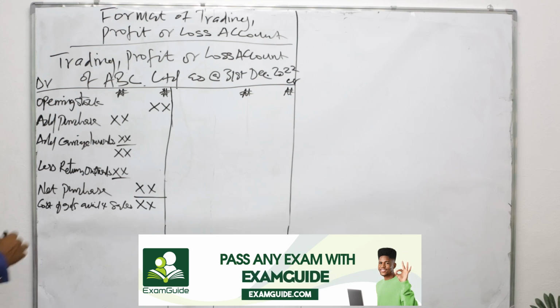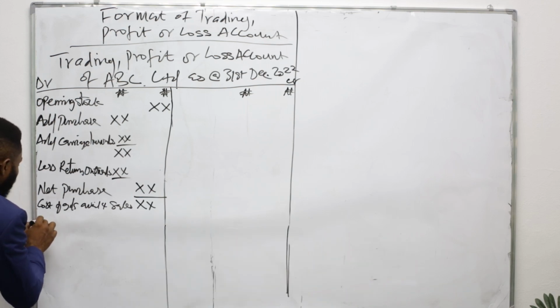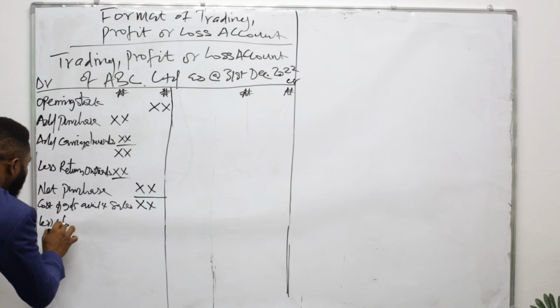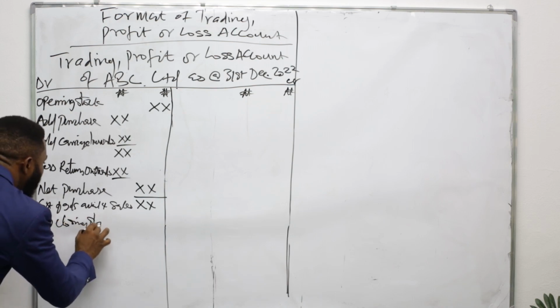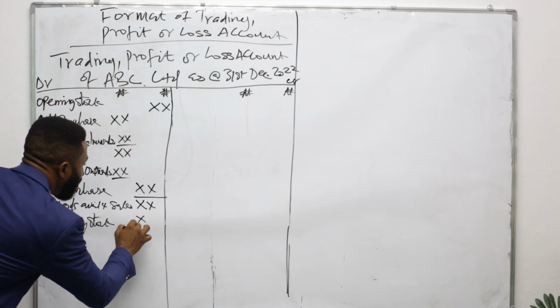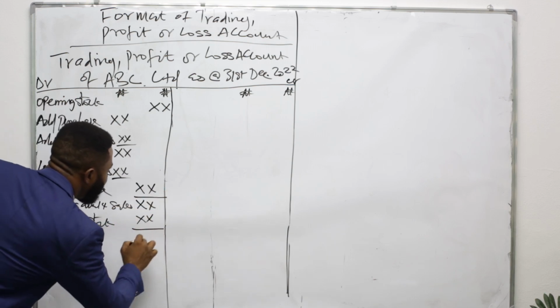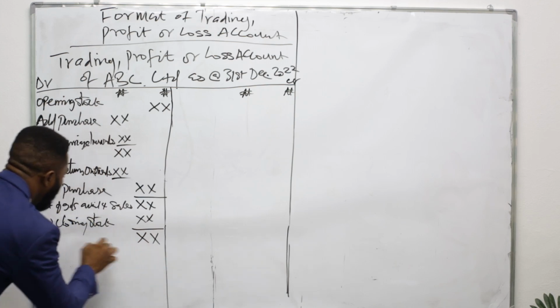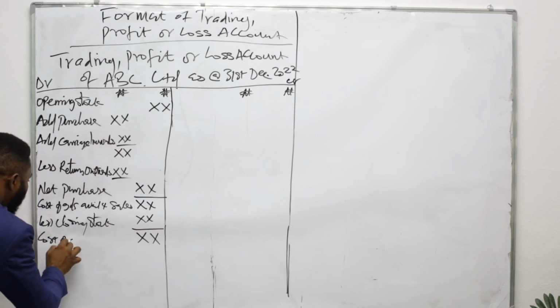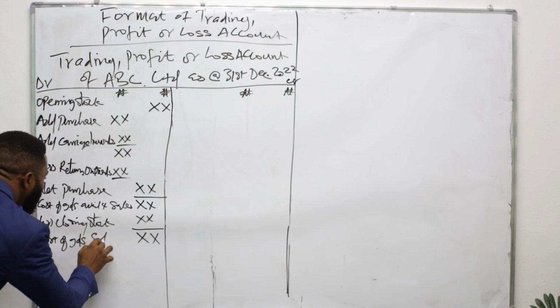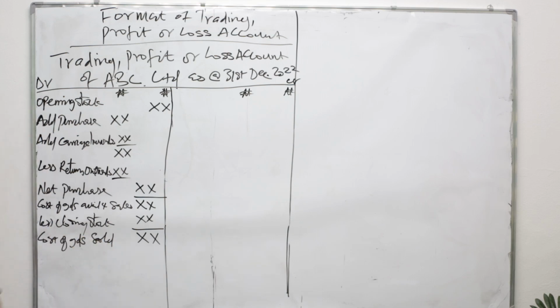But before then, you now have to subtract, less, your closing stock. Your closing stock will come here, and then when this is subtracted from here, you have what we call cost of goods sold. I know I've explained all of this, what cost of goods available for sale is all about, what closing stock is all about, and what cost of goods sold is all about.